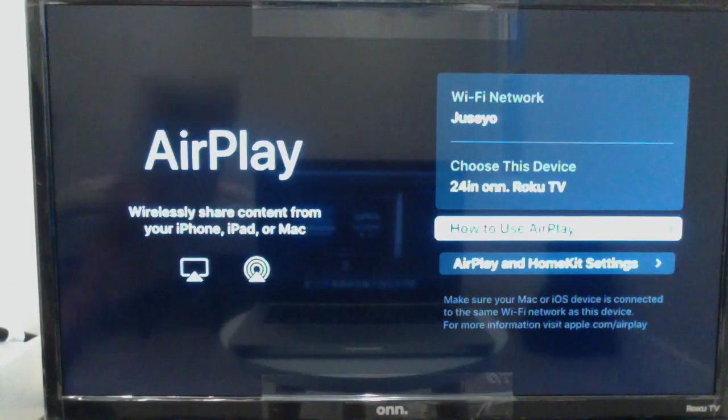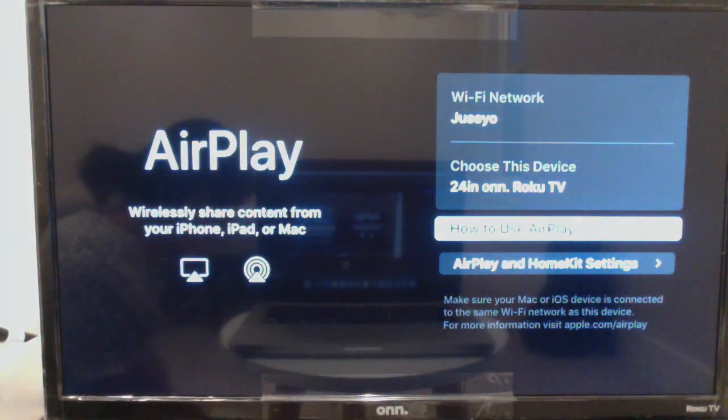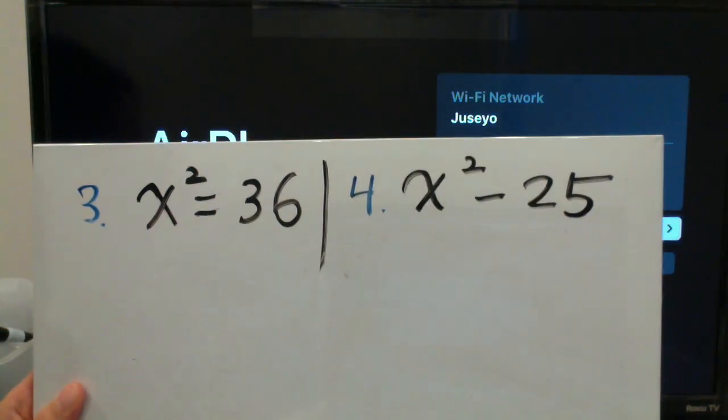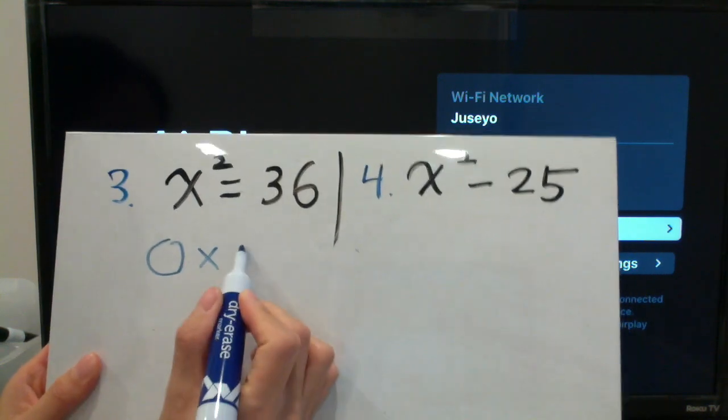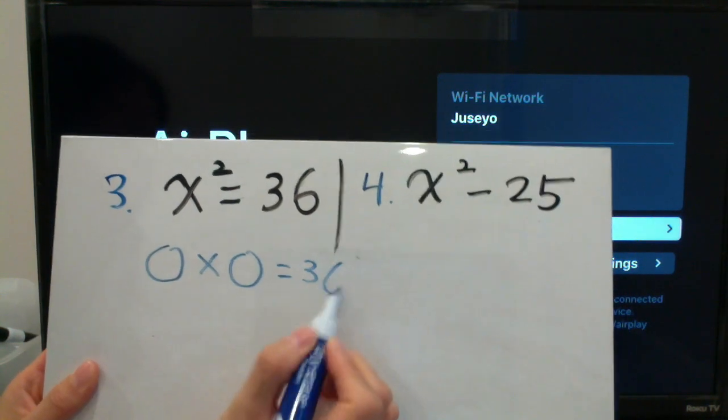Or you can just think an easier way. X squared is 36, right? So when you have to double something, same number times same number is 36.